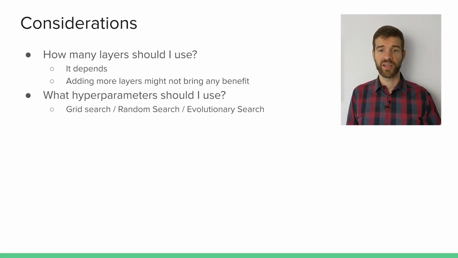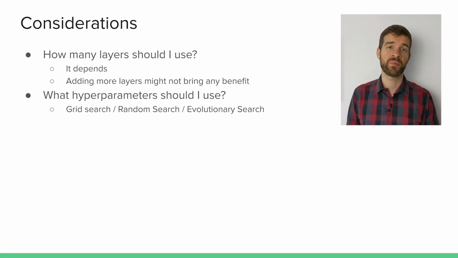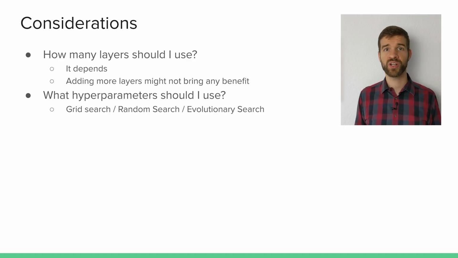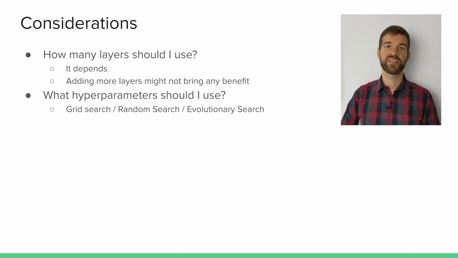So again, the number of layers, the number of feature maps, all these are hyperparameters that we have to determine somehow. How we can do this in an efficient way would be something like grid search or random search. And there are nowadays even approaches that try to automate this process and automatically find a good network architecture for you given certain constraints.